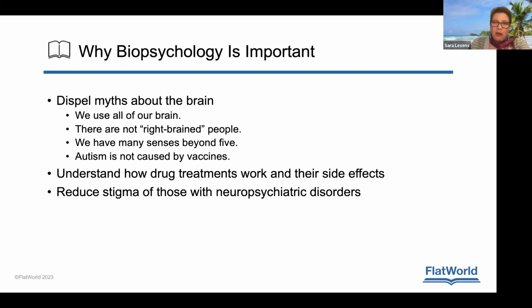And then we're also, of course, going to cover understanding how drug treatments work and their side effects, because this is an area where we really need much more critical understanding. And we're trying to reduce the stigma of those with various neuropsychiatric disorders, including mental health disorders and neurodegenerative diseases, so that knowing what is going on inside the body can really help people understand what behavior means in these special circumstances.